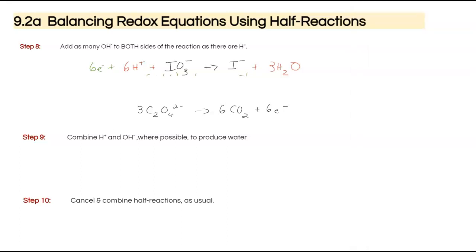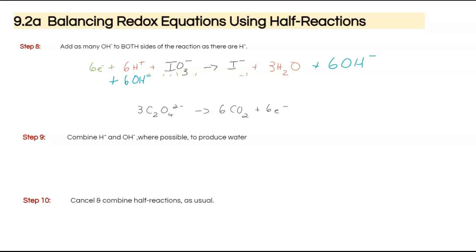And you'll remember that hydrogen ions are responsible for acidic properties, and hydroxide contributes to the alkaline or basic properties of a solution. So I'm going to follow the instructions here. It says that I should be adding as many hydroxides as there are hydronium to both sides. So I'm going to add in 6 hydroxides and then 6 hydroxides over here.